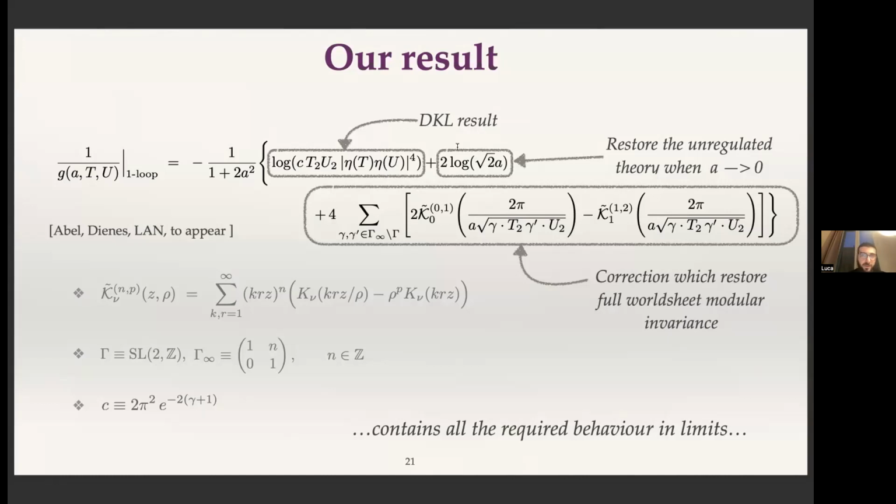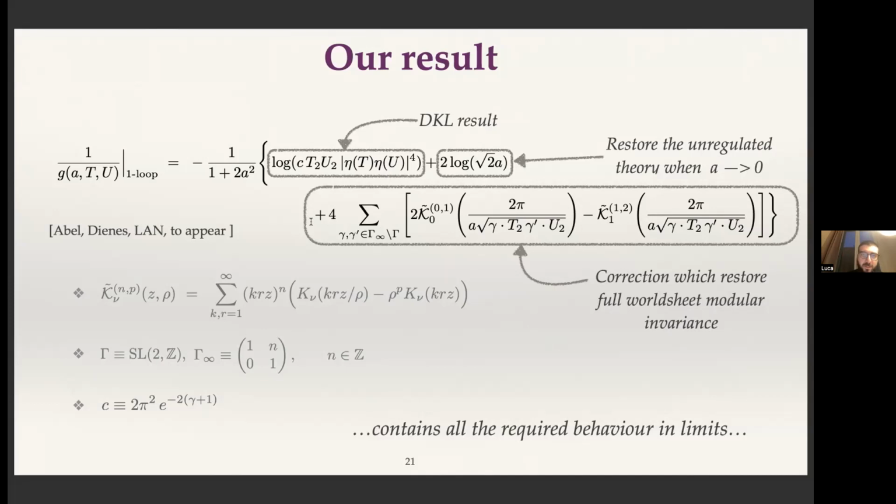So in the limit when A goes to 0, something has to blow up, and this is precisely the hallmark of the divergence. Then there is a bunch of corrections which restore full worldsheet modular invariance, which can be expressed as a double sum over transformations in PSL(2,Z), with some Kelvin K function, which in turn can be written as a double sum over Bessel functions of the second kind.